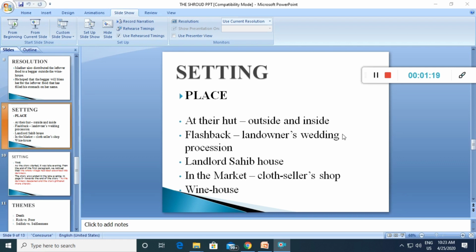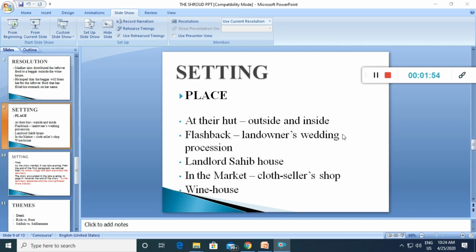And then in the second one, we have a flashback under place, where the father, Gisu, narrated the story on how the landowners' wedding processions were arranged, right? So the wedding was so grand that they had so much food to eat, right?